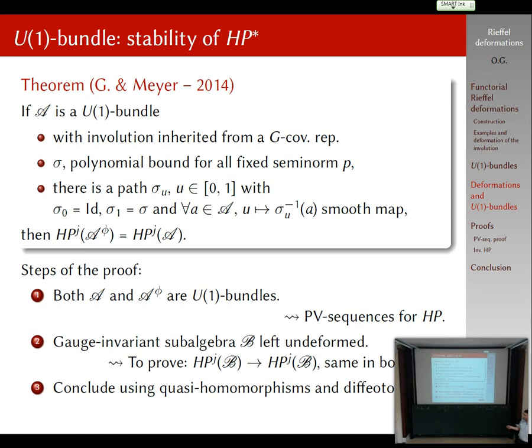The gauge invariant subalgebra B, which corresponds to A0, the zeroth spectral subspace, is left undeformed. And what we need to do is to prove that this map from periodic cyclic cohomology.